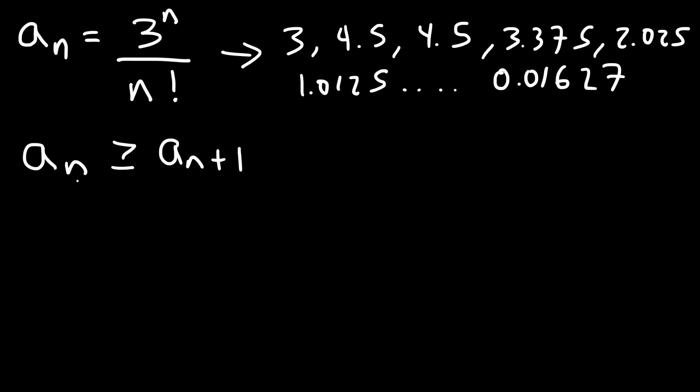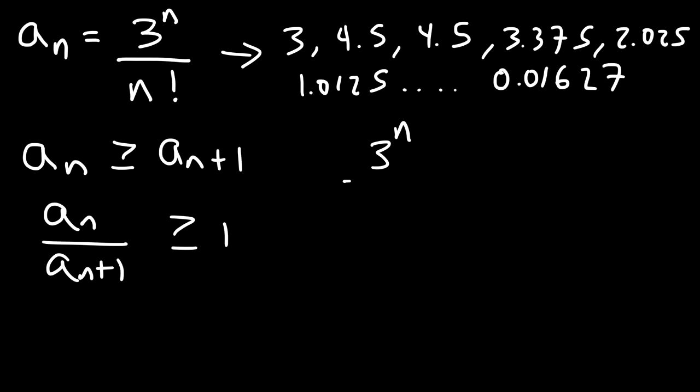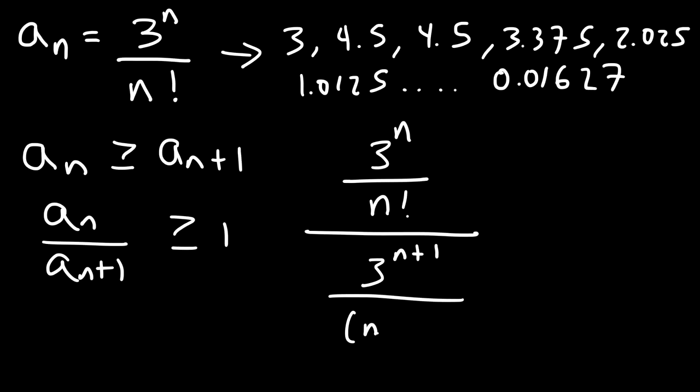So dividing both sides by a sub n plus 1, we're going to get this expression. So this is going to be 3 to the nth power divided by n factorial, divided by 3 to the n plus 1 over n plus 1 factorial. So let's show that this is greater than or equal to 1.